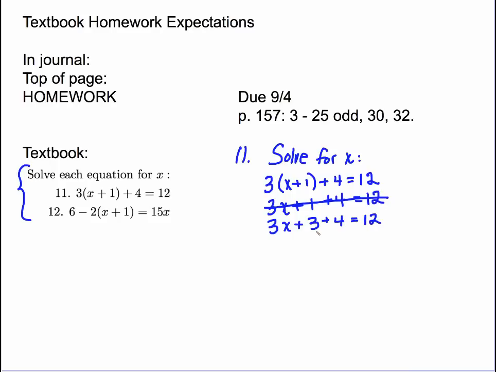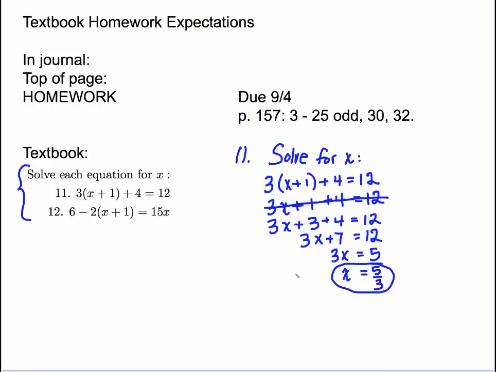The next step might be to add the 3 and 4 together. So we get 3x + 7 = 12. Subtract 7 from each side, and we get 3x = 5. And then divide each side by 3, and you'll get x = 5/3. And you might want to circle your answer.